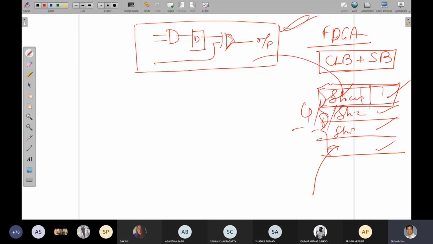Now our main target is the SB, the switch boxes. I told you that switch boxes are nothing but connections in multiple directions. Each of them has an individual switch. Suppose these are the individual switches. If I provide the voltage here, it is connected. I think it is better to draw it with the help of a good switch diagram.